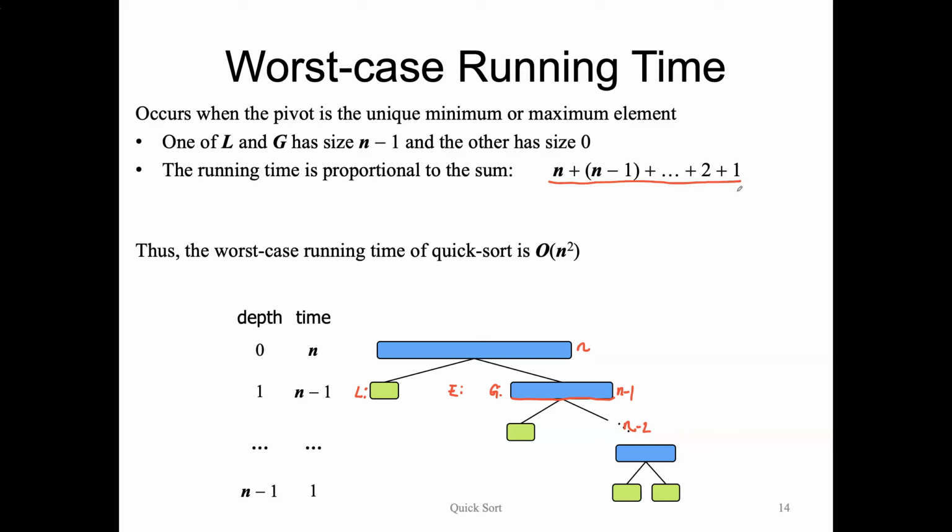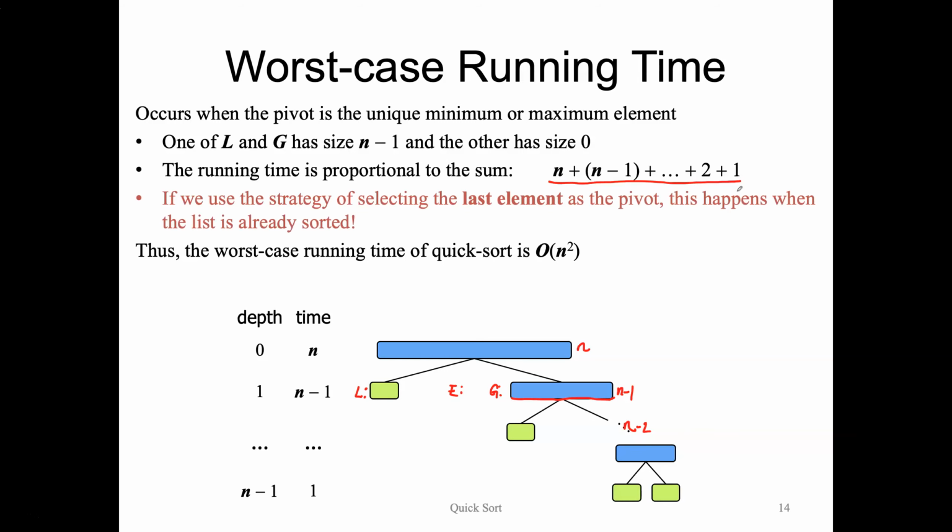And unfortunately, if we were to choose the last pivot each time, this happens when our list is already sorted. So this isn't what we want to happen. The worst case situation for sorting our list of elements is when our list is already sorted.